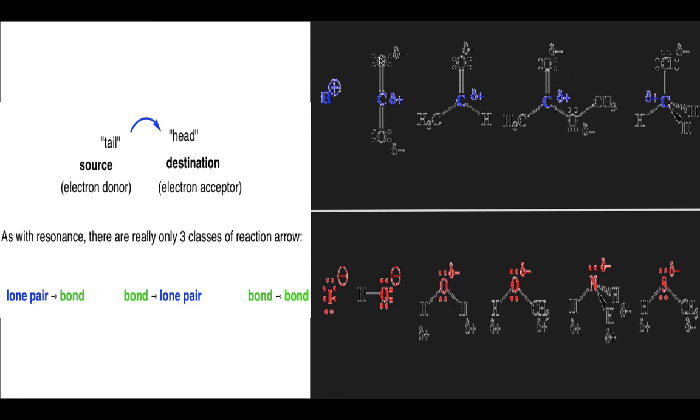And you can see also here that it's bonded to an oxygen, meaning that it wants to gain more electrons because its electrons are being pulled towards the oxygen. So that's why it has a positive partial charge.